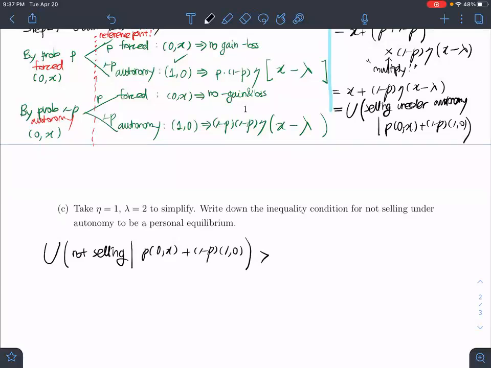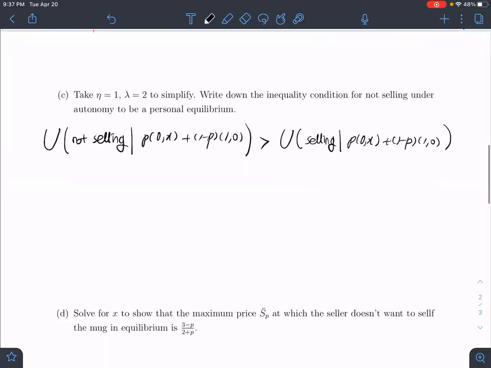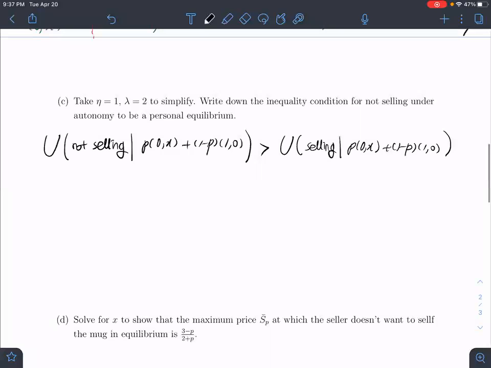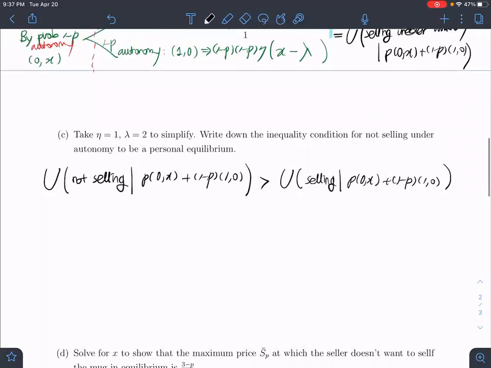So I need to prefer this one over U of selling under autonomy, with reference point P 0x plus (1 minus P) 1 0. So we need this inequality, right? So let me just copy and paste my answer from above, and then we are done. Does this make sense?